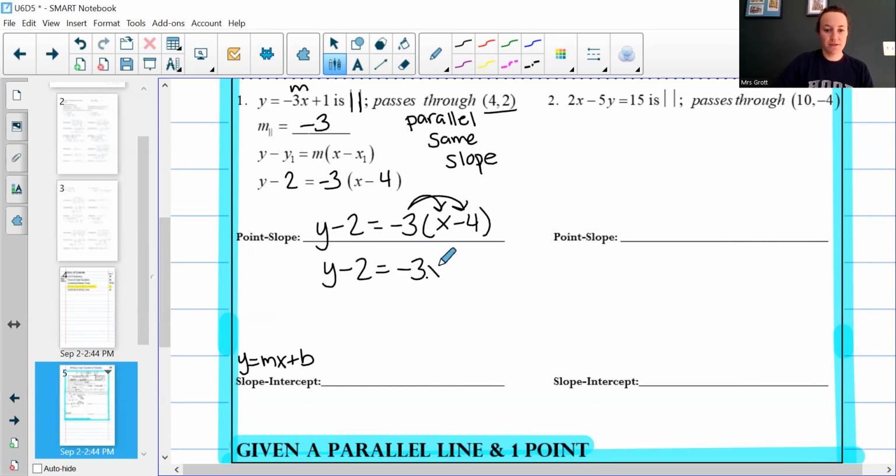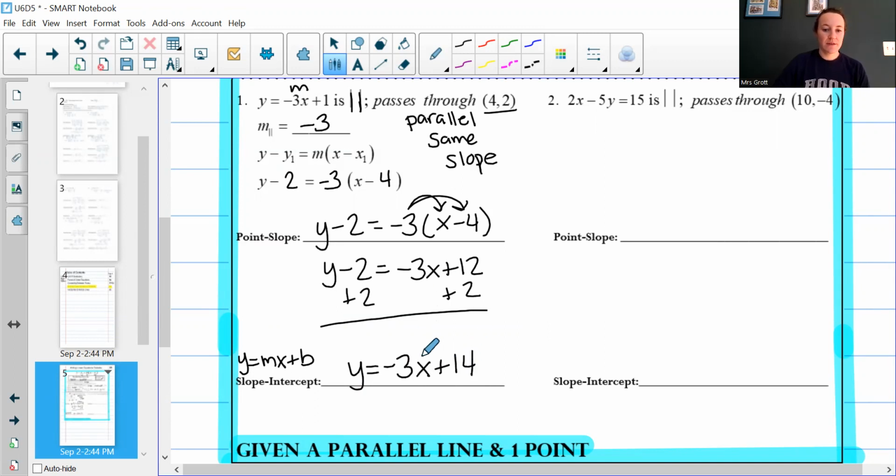Distribute our -3. Add 2 to both sides. Y equals -3x plus 14 would be parallel to the original equation, same slope.